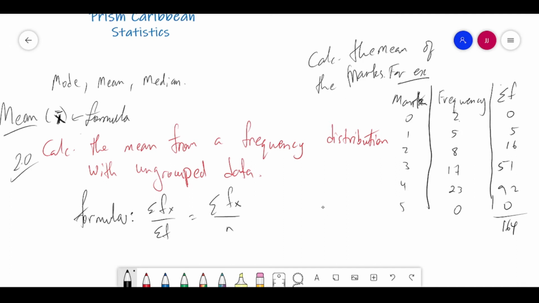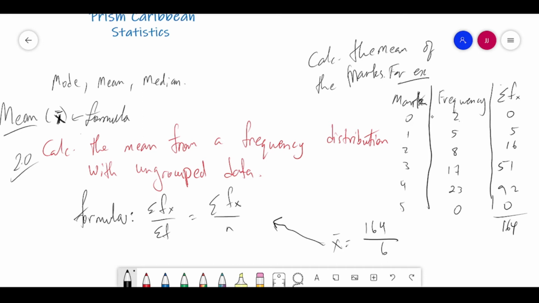So we know from the general formula that x bar will be Σfx over n. So we know the Σfx is 164, and we know the n. The n is simply the number of marks. It will be 1, 2, 3, 4, 5, 6 marks. Remember, 0 is a mark as well.